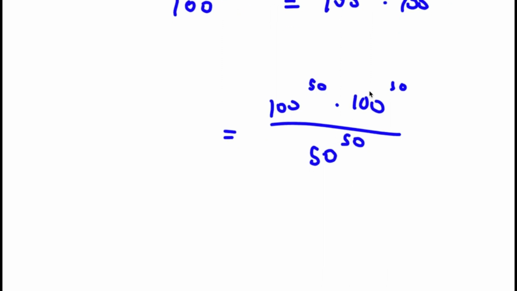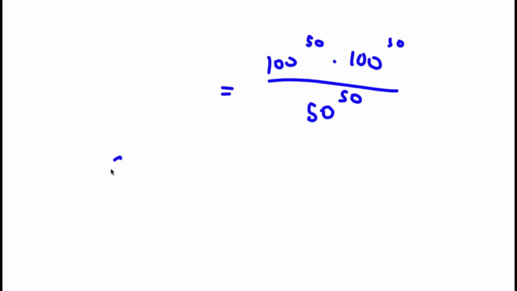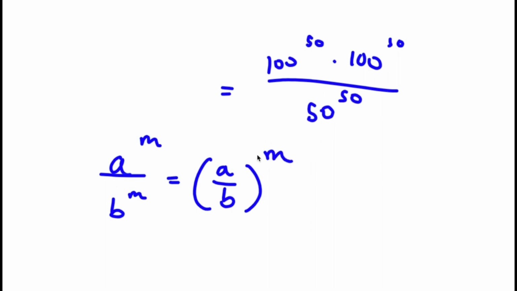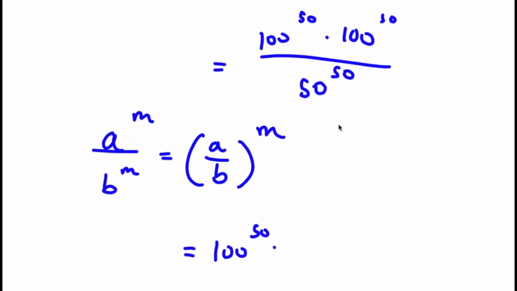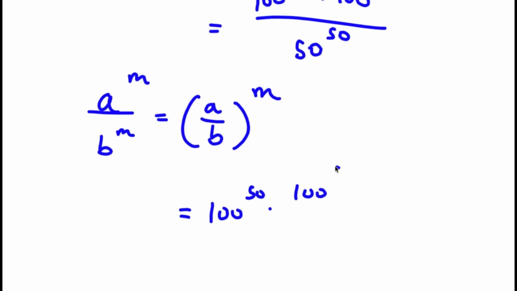Now, if I have something in the form a to the power of m over b to the power of m, this is equal to a over b to the power of m. So in this case, I can rewrite this as 100 to the power of 50 times 100 to the power of 50 over 50 to the power of 50.